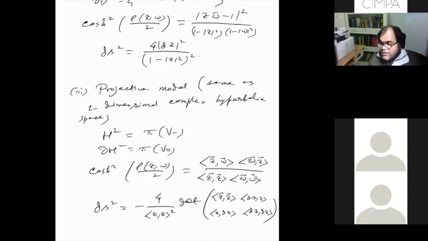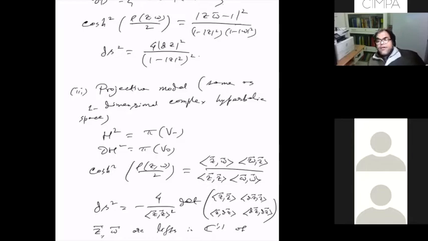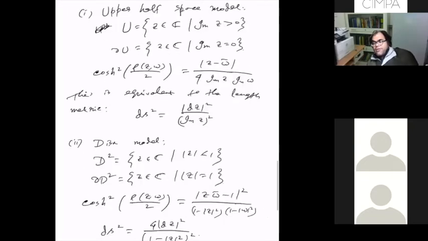We are on the projective space, so Z and W are points in the projective space, and the vectors Z and W are lifts in C1,1 of Z and W in π V minus.